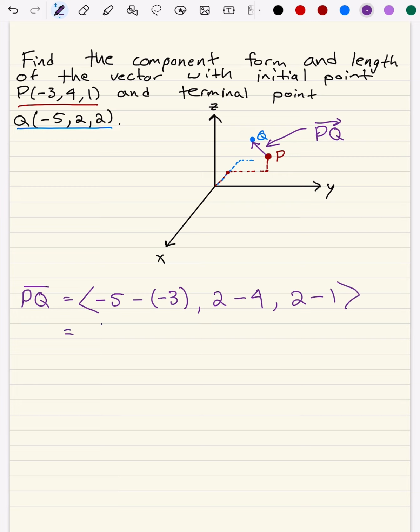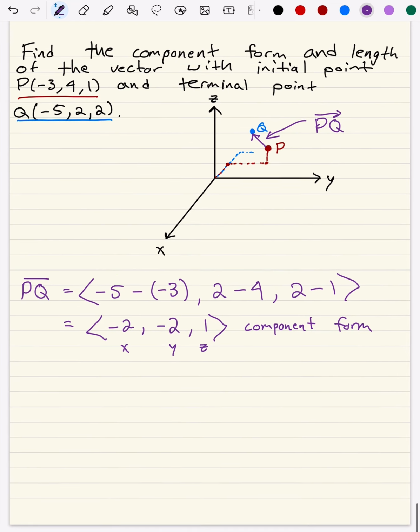And if we work this out, we get -5 minus -3, which is -2. 2 minus 4, -2. And 2 minus 1, 1. So this is our component form. This is our x, our y, and our z values.